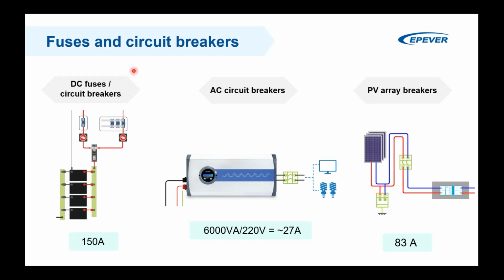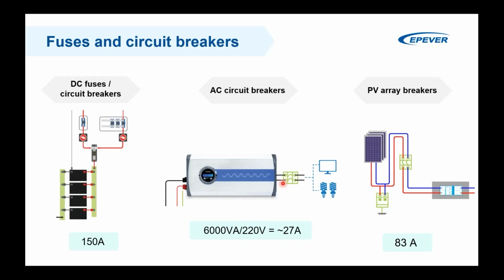Then it will accept the AC input from the power grid, or the shore power, or any sort of external generator. Then you'll need to have an AC circuit breaker to make sure that any alterations in current or voltage on your feeding side will not damage your equipment.